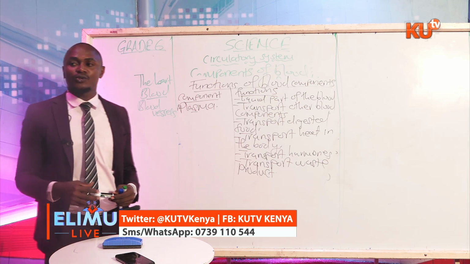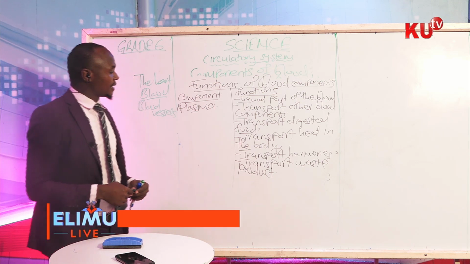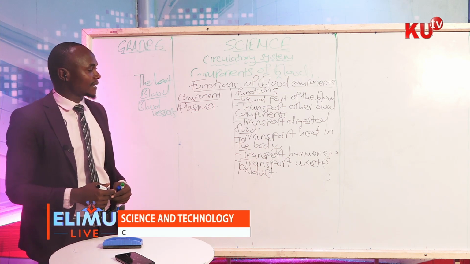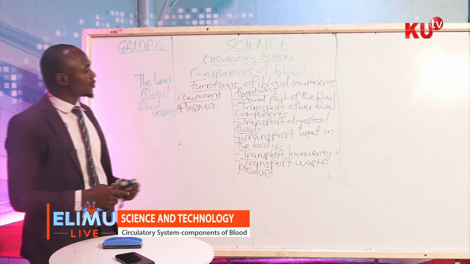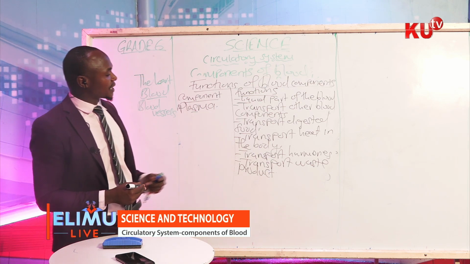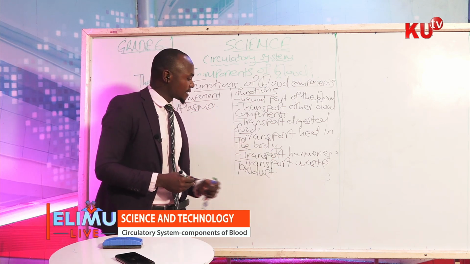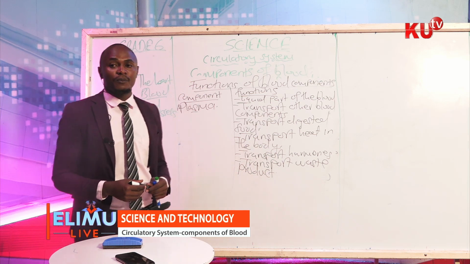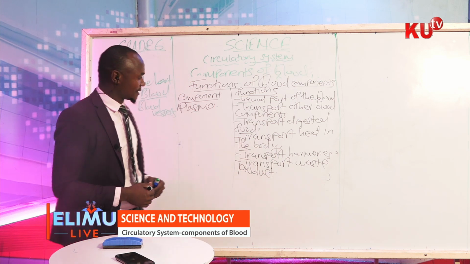Carbon dioxide is also a waste that is produced by the lungs. It is the function of this component that is called plasma to transport this waste product from the excretory organs.